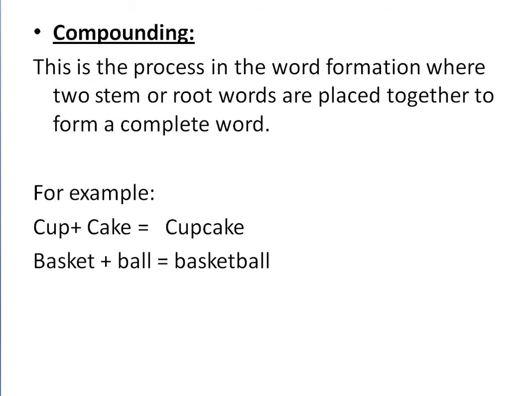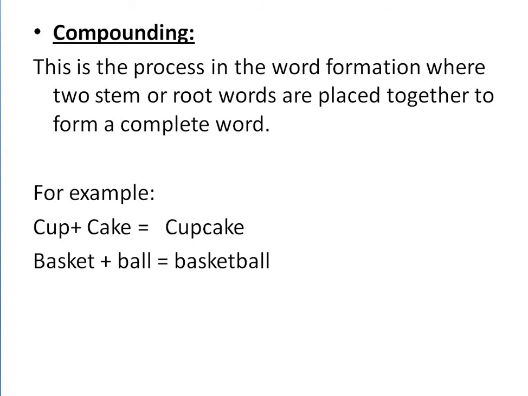But we have made a new word by placing together two of them to make a complete word. Cupcake. So the next word is basketball. The basket is actually a stem, a free morpheme, a word that carries a basic meaning.